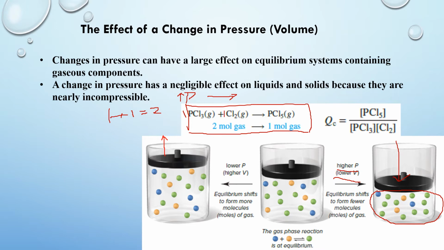Because they feel so lonely, they want more friends, so the reaction will generate more molecules. If we decrease the pressure, the reaction will shift to the left, because on the left-hand side we have more molecules. That's the case for this chemical reaction, okay?